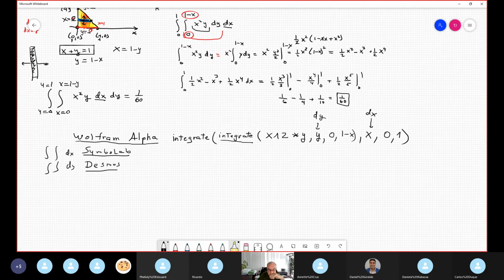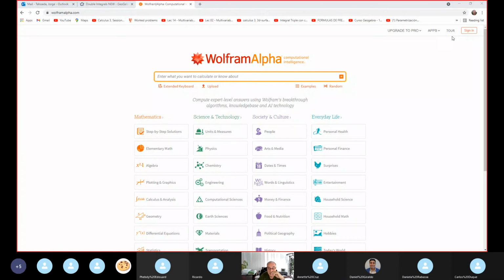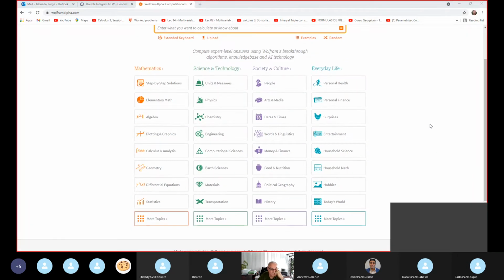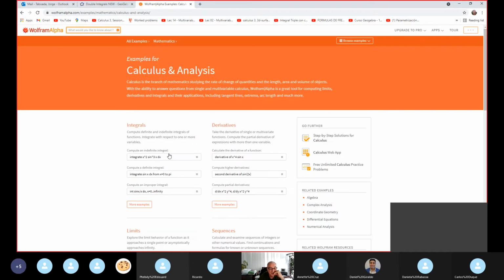Okay, let me share the screen. Switching to Wolfram Alpha. Okay, super. Do you see Wolfram Alpha? Yeah, okay. Open calculus, analysis.